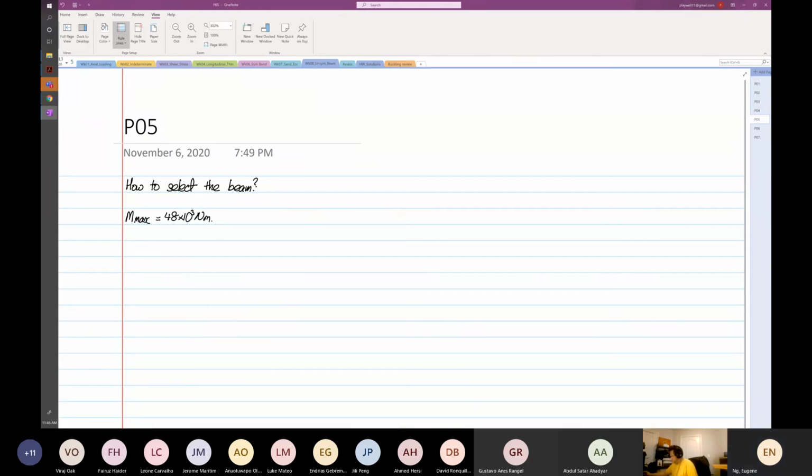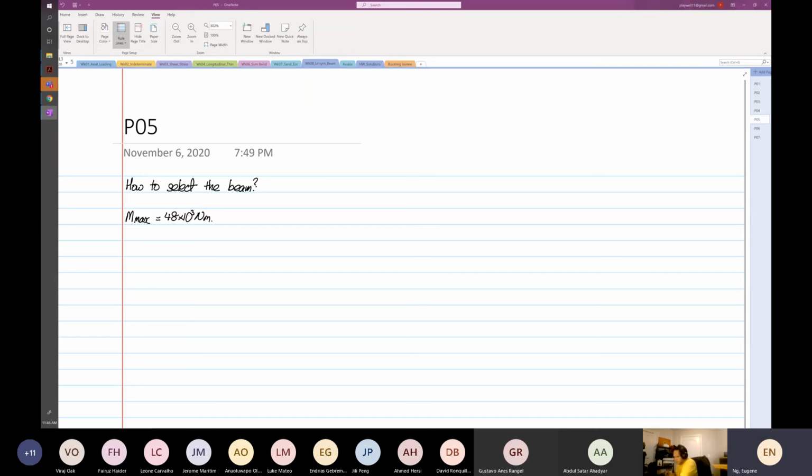So we know that our bending moment max is equal to 48 times 10 to the power 3 Newton meter. We know that value. Sorry, I'll make sure this page is bigger for you guys.